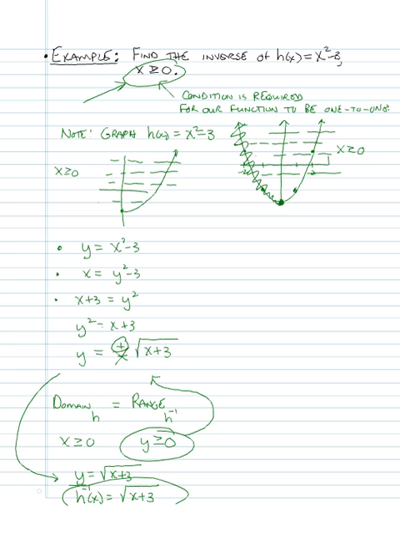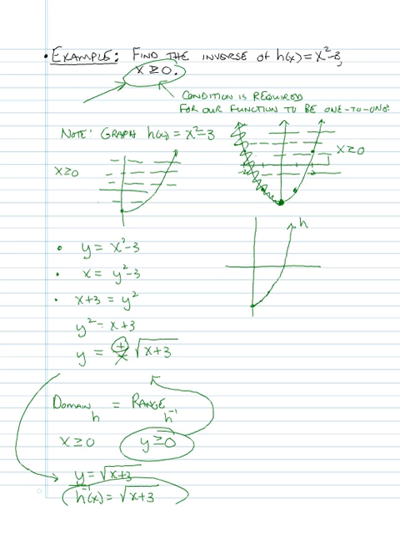That's the inverse function. And if we were to graph these, and I'm just sketching this in real quickly, okay, then the h graph would look something like this that we've already mentioned, okay? The h graph would look something like this, okay?